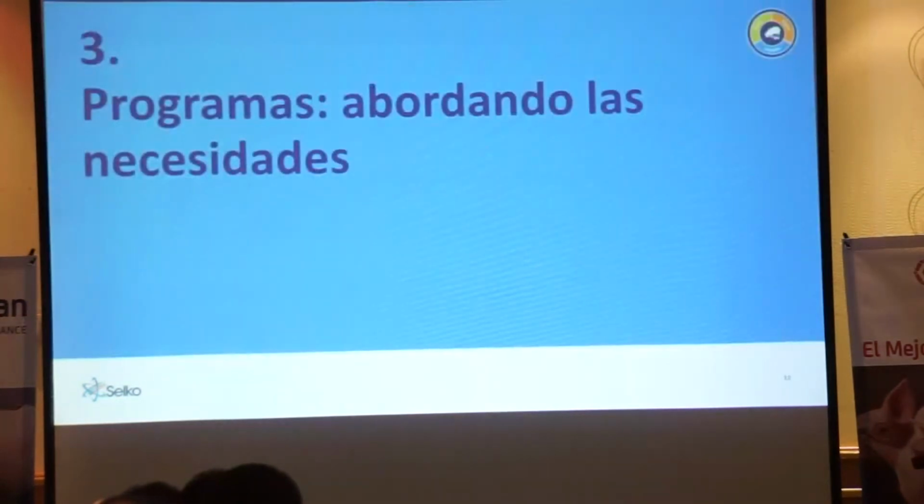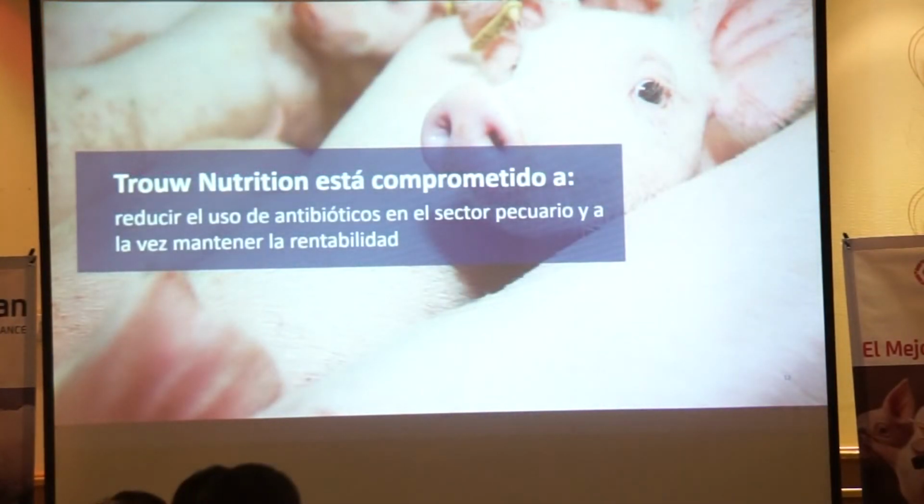For these three factors, we created programs to incorporate all of those needs of customers. We like to say that we want to help you as a producer to reduce the need for antibiotics, to produce healthy animals, and to maintain or increase your profitability.